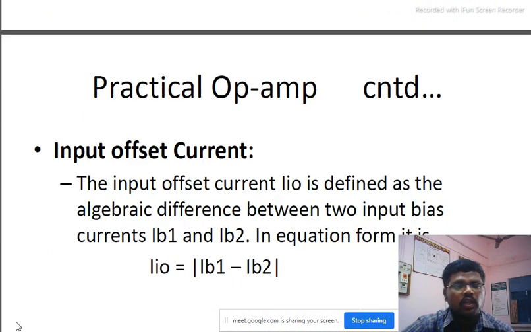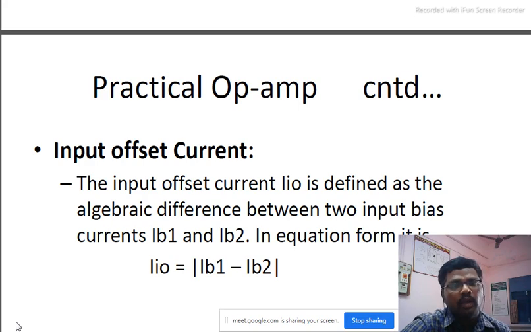Next, input offset current. It is very important. What are the characteristics of a practical op amp? You have to write input offset voltage, output offset voltage, input offset current and output offset current. These are the different conditions that are practically defined.